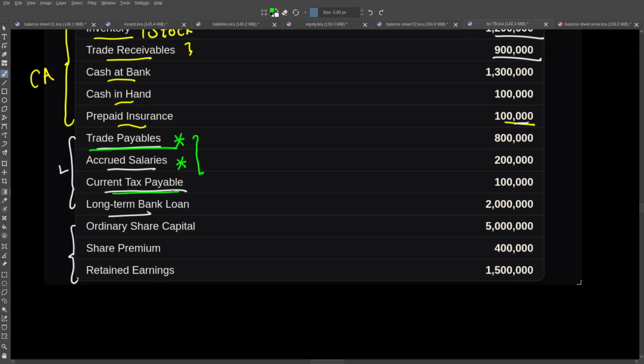Same to current tax payable. You don't want to have your tax unpaid for more than 12 months. Then we have the long-term loan, and because it is a long-term loan, this is going to be a non-current liability.